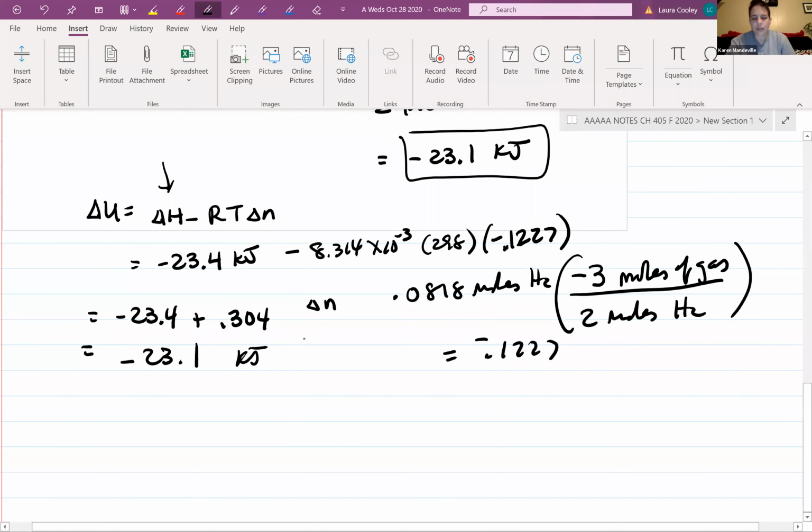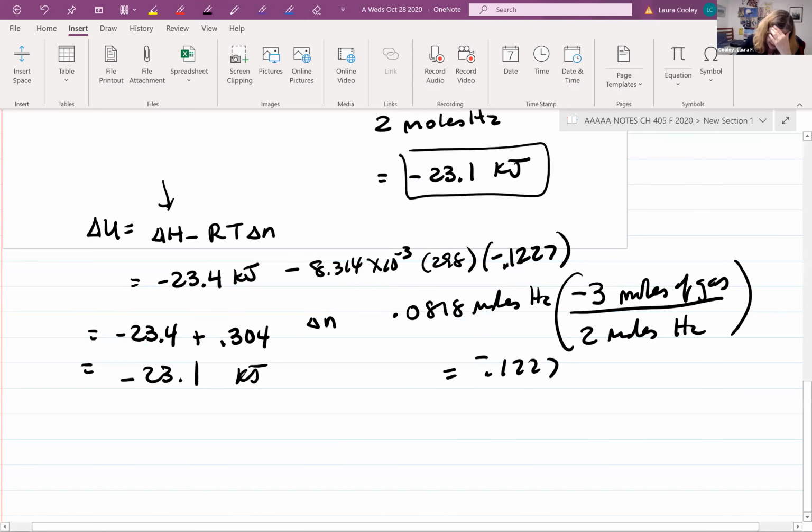Dr. Bowie, but we don't always multiply by the number of moles, right? Because in this case we ended up dividing because it was per 2 moles, right? We always have to divide the delta U naught by 2 to get the delta U, right?